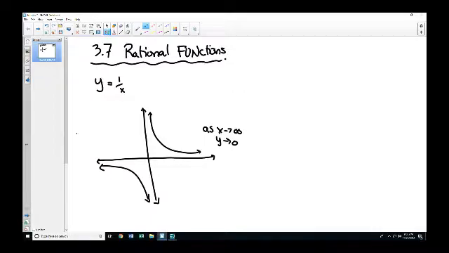Okay. And as x, then we have to do both sides, approaches negative infinity, y approaches 0 again. Still. Okay.